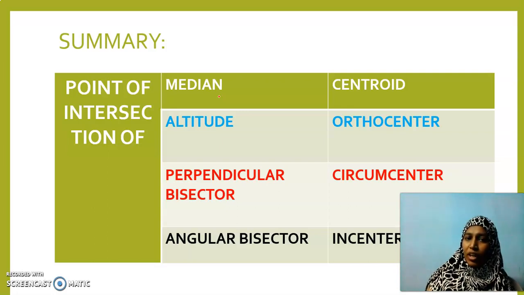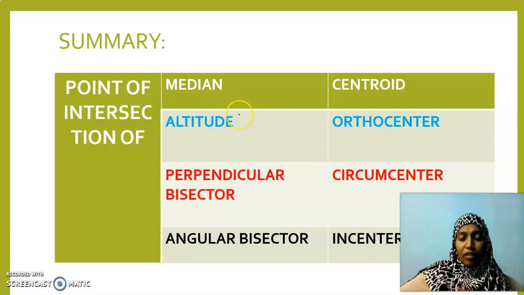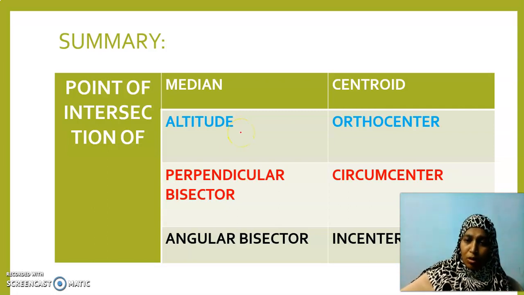That is how we define altitude. These altitudes meet at a point called the orthocenter, and it is not compulsory that it should meet inside. It may meet outside also. When it is meeting outside, the altitudes are extended out of the triangle.